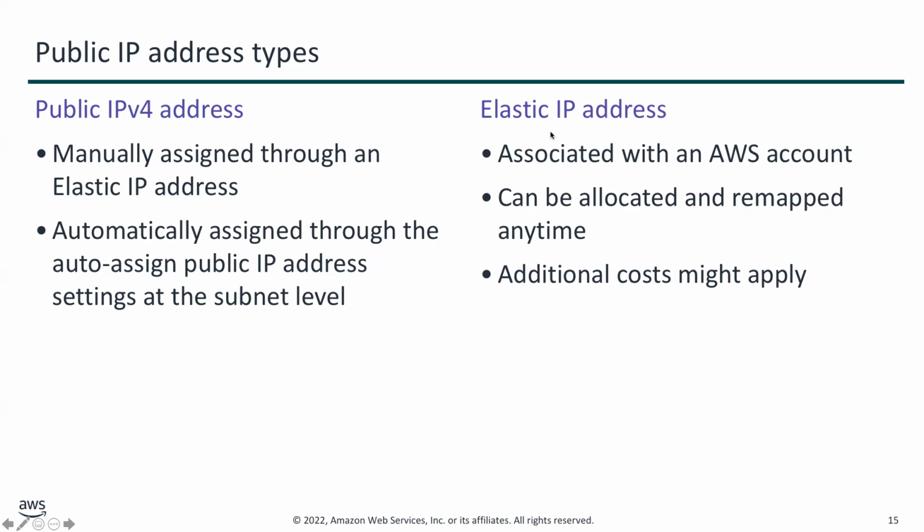We'll see how we can add it. I'll show you just in a while. That IP address will be fixed to that particular EC2, and you can host any server there. So for fixed, we add elastic, and there is automatic assignment through the auto-assign public IP address setting at the subnet level. So 2 ways, and this one is free.